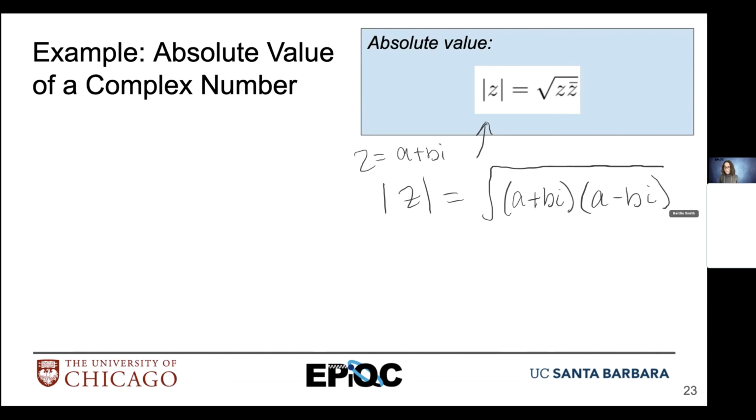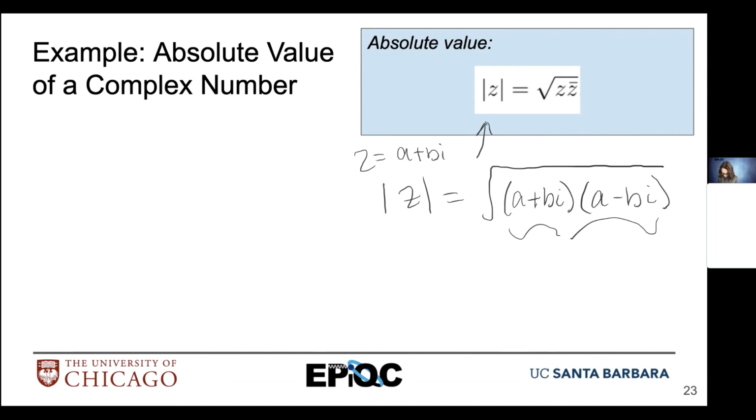So let's think about that in a little bit more depth too. This is kind of similar to some things we've seen in algebra when we're working with binomials. So if we have a plus bi times a minus bi, let's look at what's underneath the square root sign.